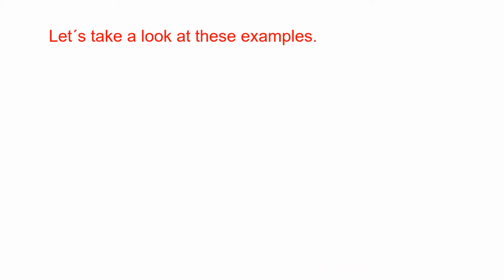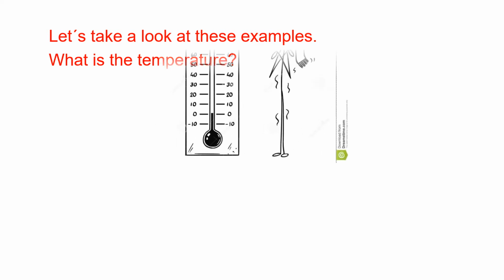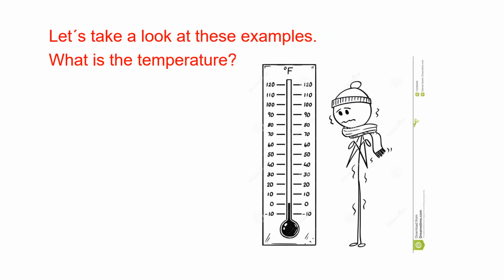Now, let's take a look at these examples. The question is, hi, what's the temperature today? Now, look at this. This is a guy. Can you describe this guy? ¿Pueden describir al niño? It's cold, right? It's really cold. And look at the thermometer.